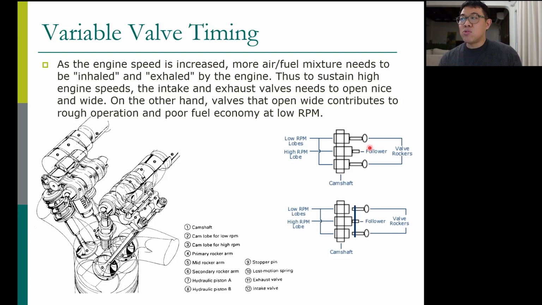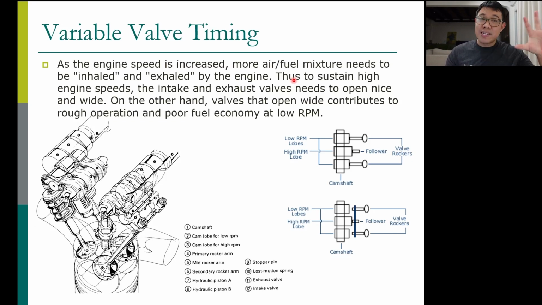The reason they do that is that as engine speed goes up, if you open at the same angle when the engine is running fast, the time of opening is very short because the piston moves fast. When the piston moves fast from opening here to closing there, the duration is too short.